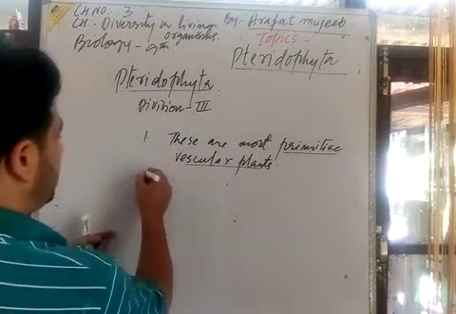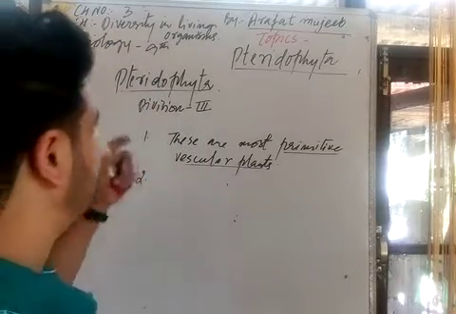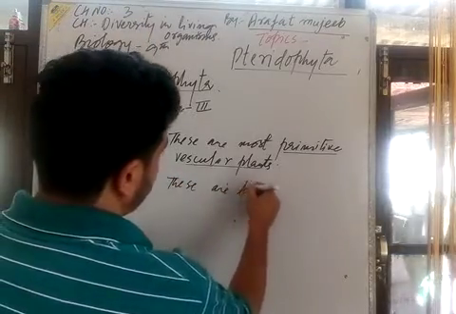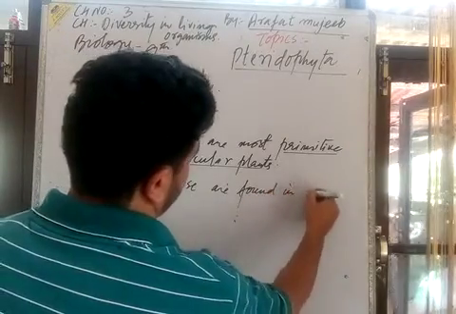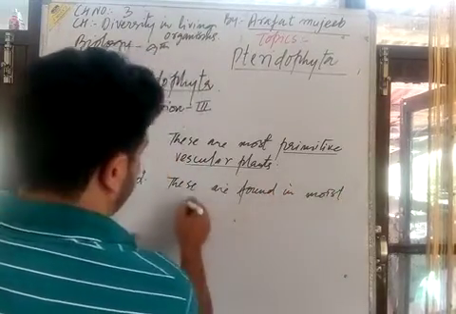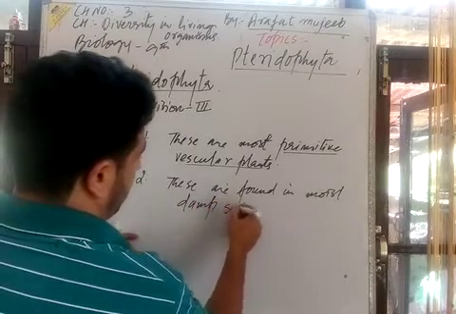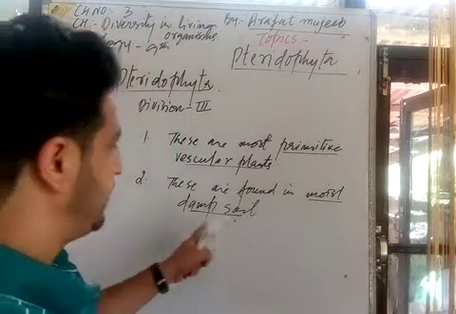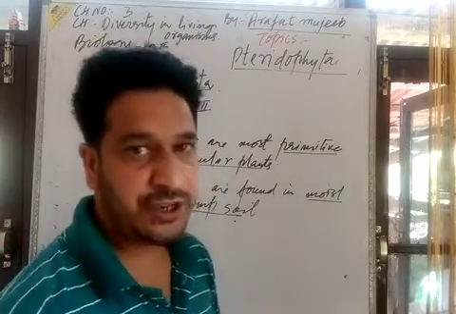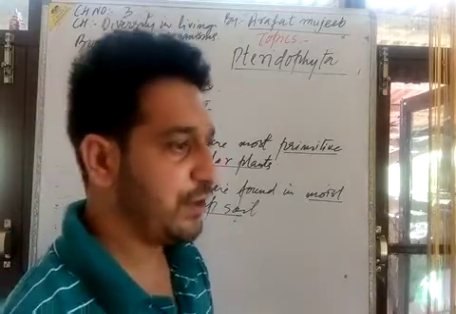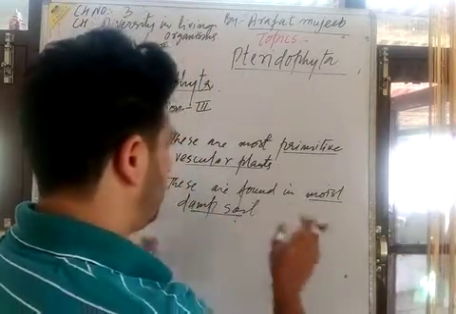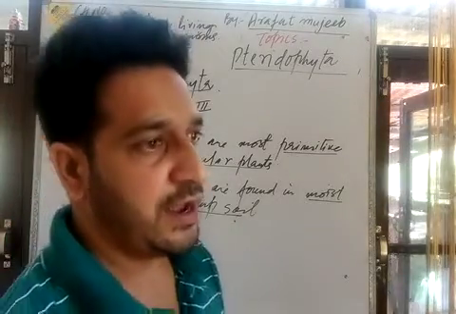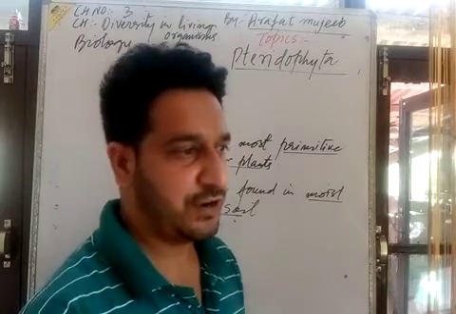Number second, as we consider the characteristics of pteridophyta, these are found in moist damp soil. That means they have a partially aquatic mode of life, and sometimes they are found in terrestrial land areas.